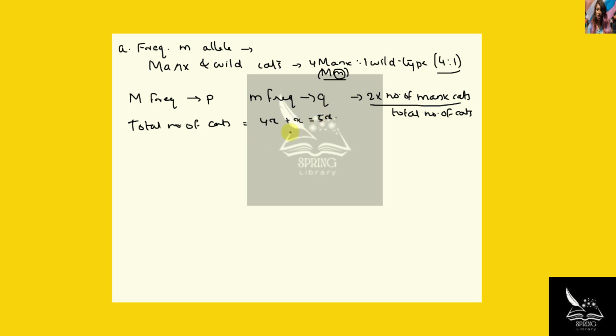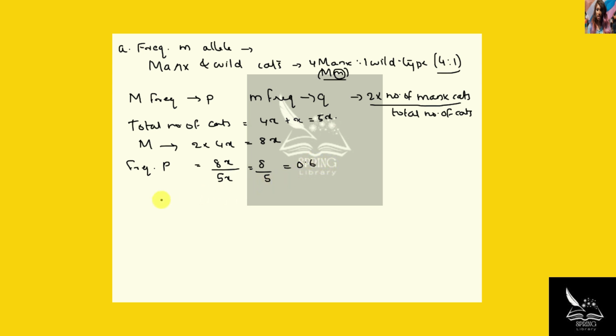The number of capital M alleles in the population is 2 into 4x, that is 8x. Frequency of the M allele, that is P, equals 8x divided by 5x, equal to 8 by 5, which is equal to 0.6.